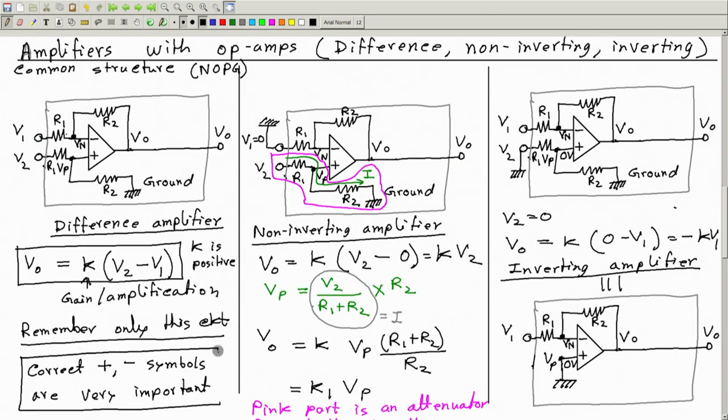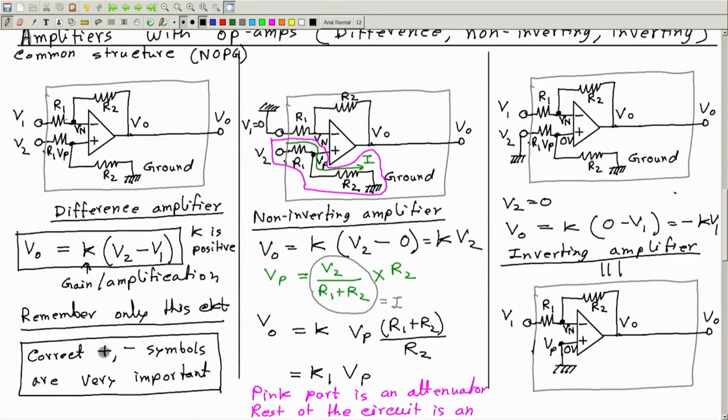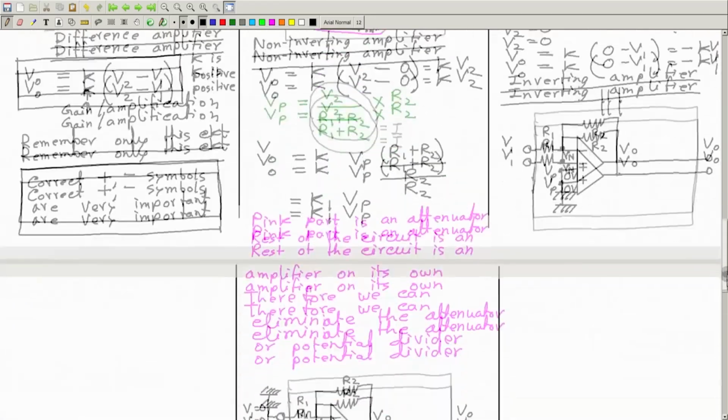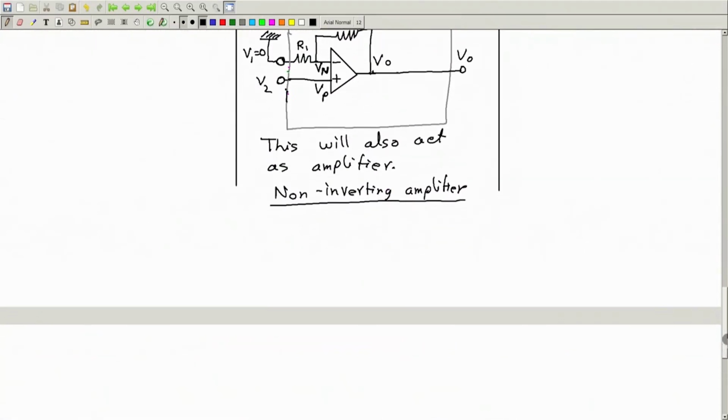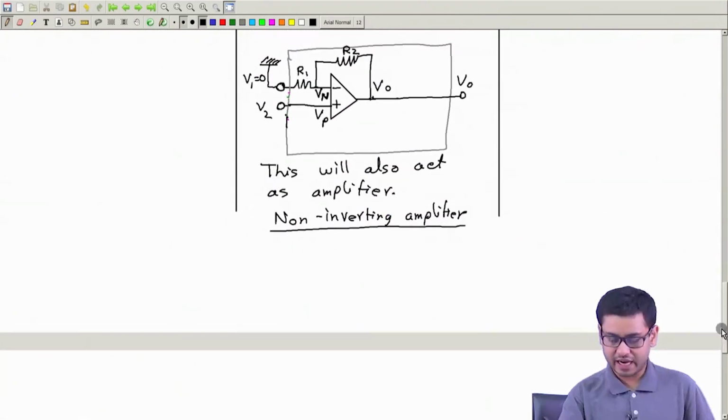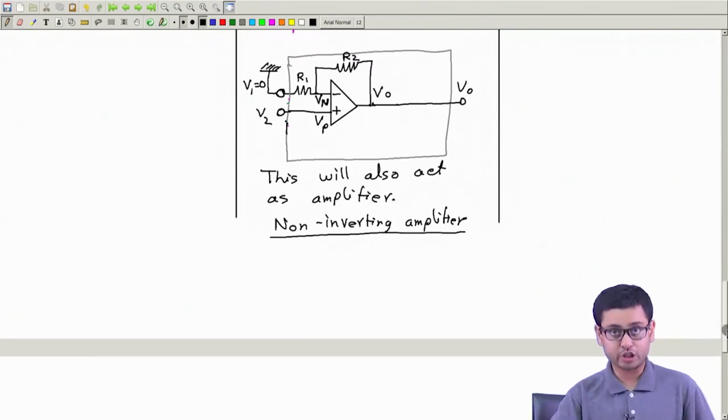You will not get correct answers in the exam. So plus minus symbol is something you must put correctly, and we will also see as we go on why so. Okay, so today we will analyze these circuits one by one rigorously.